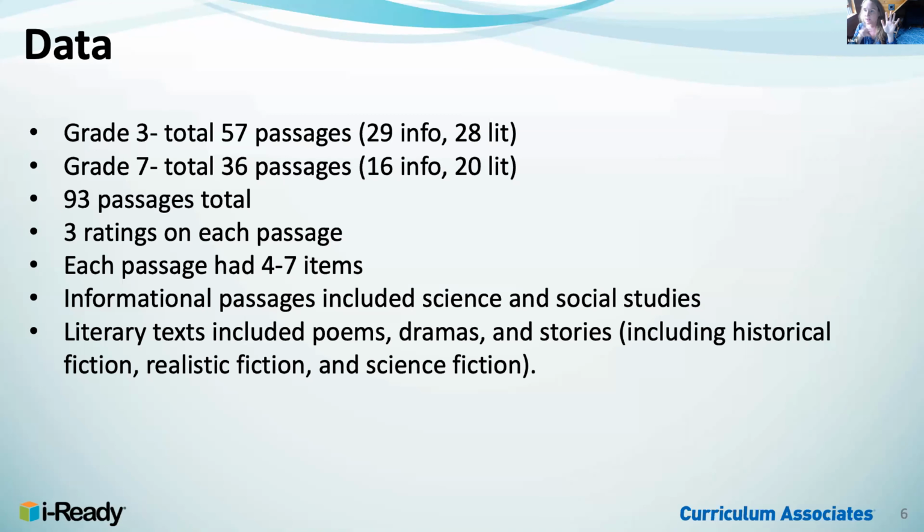So for each passage, we had 3 ratings from the 3 groups I described before, 1 from each of the groups. Each passage had, depending on grade level, 4 to 7 items. And then these last 2 bullets are just a summary of the genres within each informational and literary that we cover.